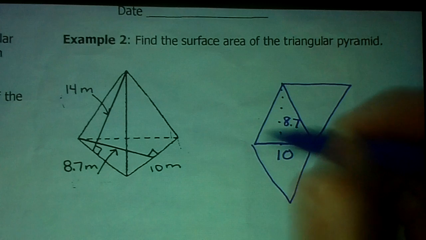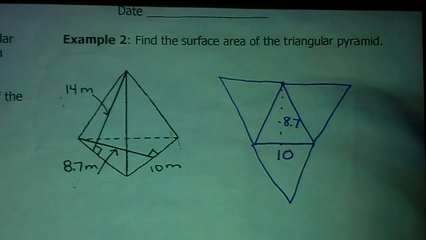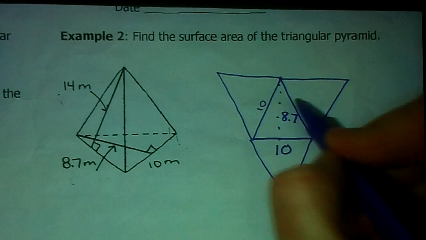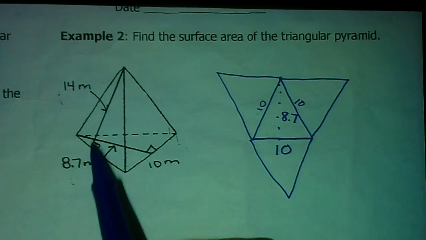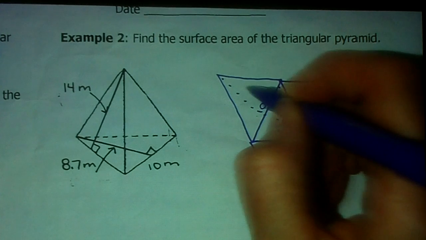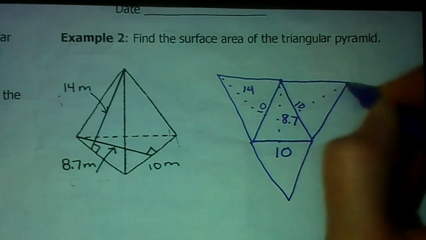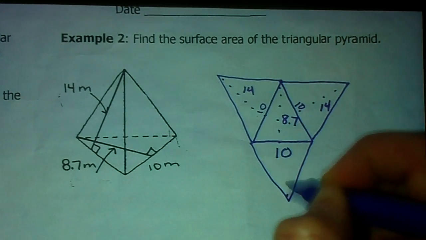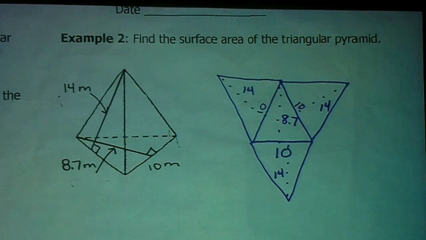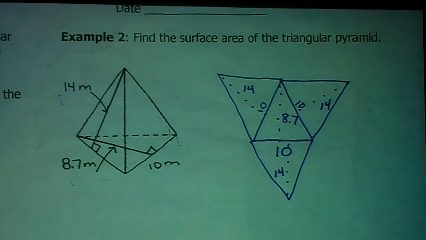Those 3 triangles will be identical to one another. All right, so each of these is a 10, but the height of each of these triangles, you'll notice, is 14. All kinds of numbers. I hope you're listening and not just writing these down, because that would be very confusing.